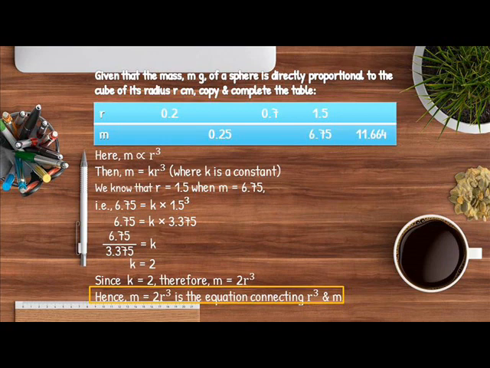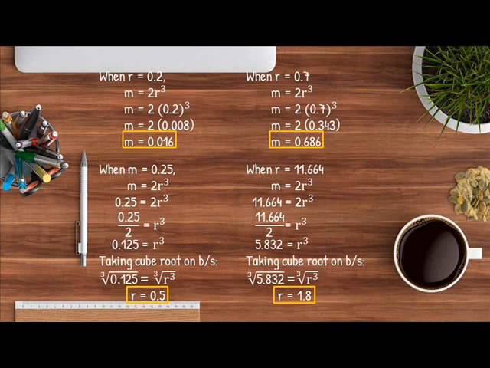Now substituting the value of k into the equation, that is m equals kr cube, we have m equals 2r cube. This is the equation connecting both the variables, and now we will use this equation to find the other unknown values and complete the table. Find the values of m when the values of r are given. The values of r are given as 0.2 and 0.7. We will simply substitute these values into the equation.